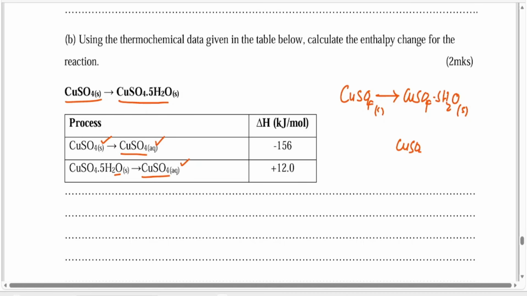So I can pass through this route and I can pass through this route. I'm already given the enthalpy change for converting solid to aqueous directly, and it is negative 156 kilojoules per mole. And I'm also given for hydrated to aqueous as positive 12.0 kilojoules per mole.